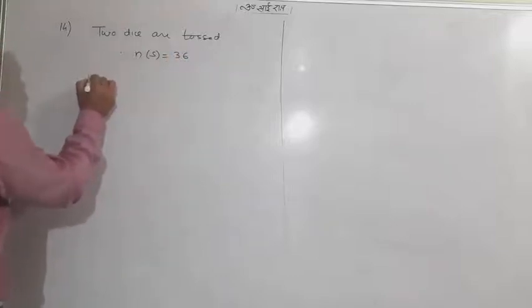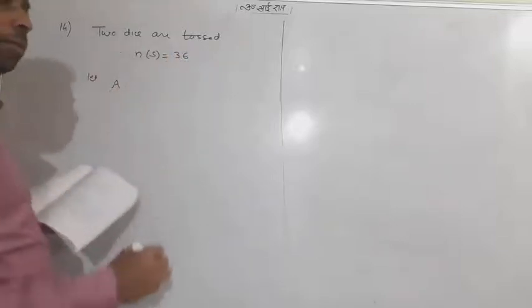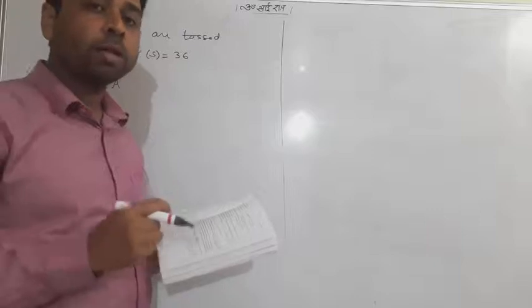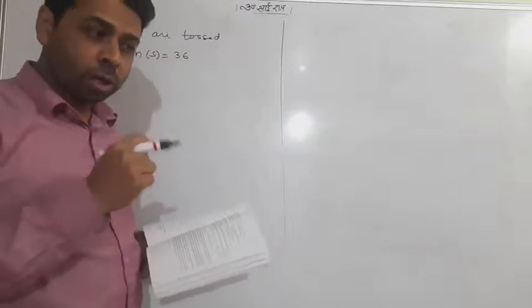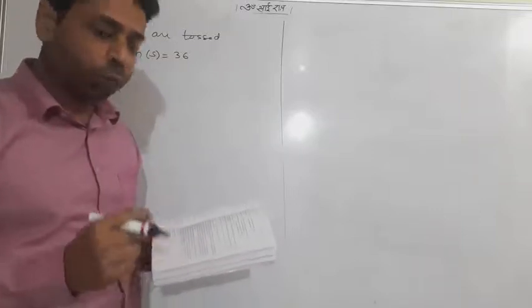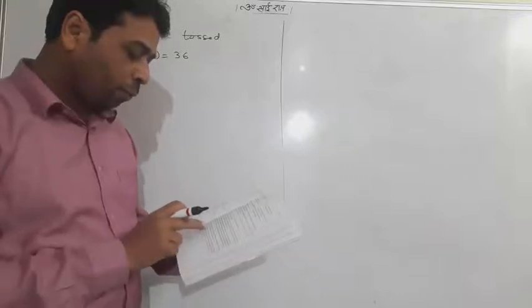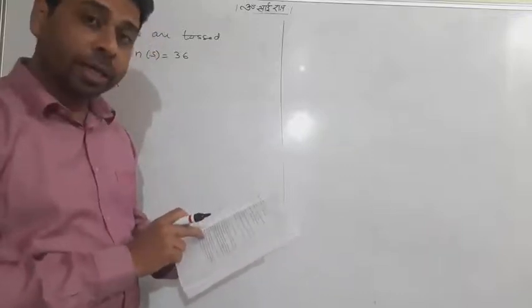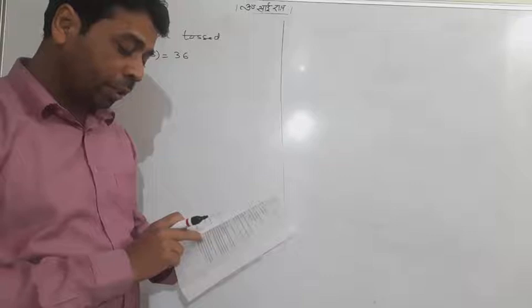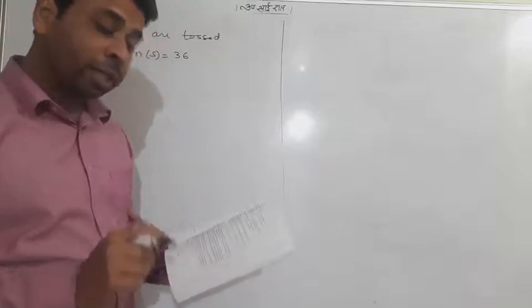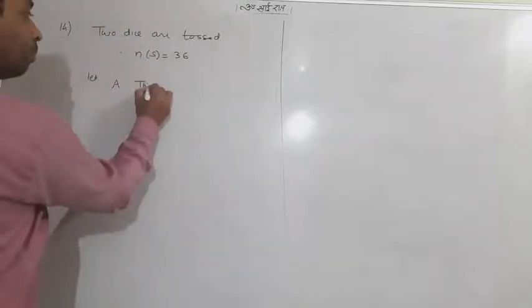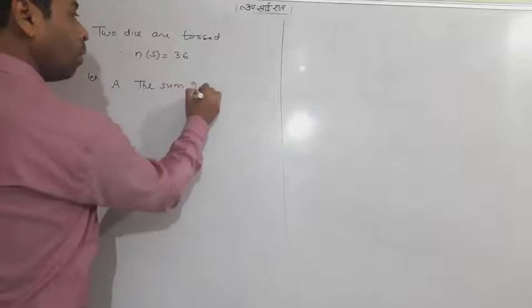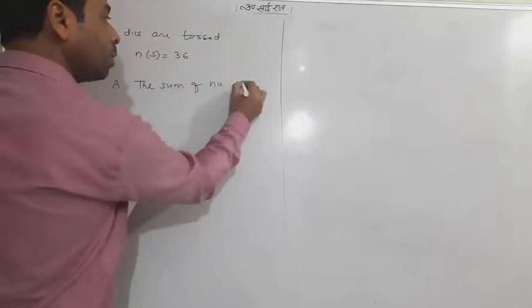Now, I'll go with A. What is A? The required event, the event whose probability we need to find out. The question says, last line, find the probability of the event: the sum of numbers on the dice is 4.